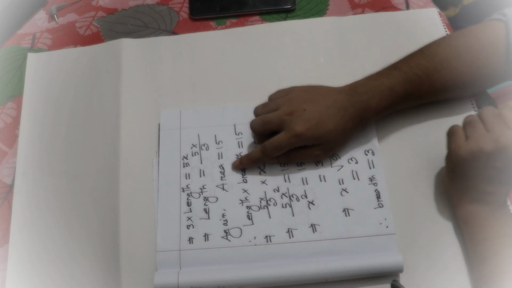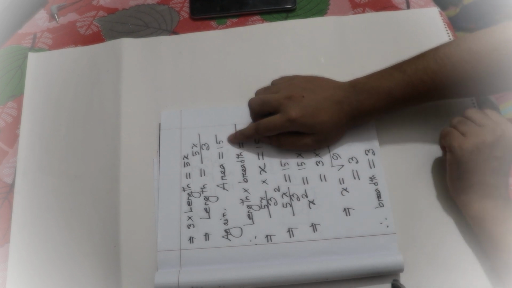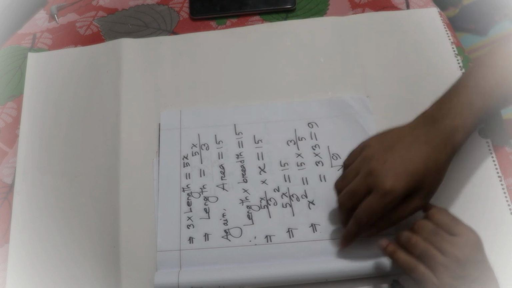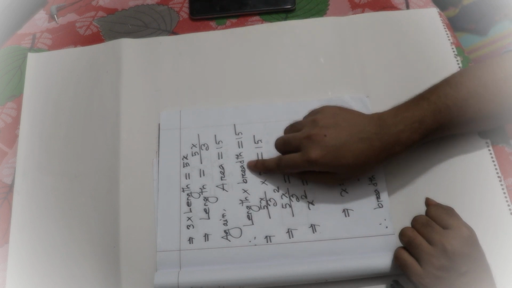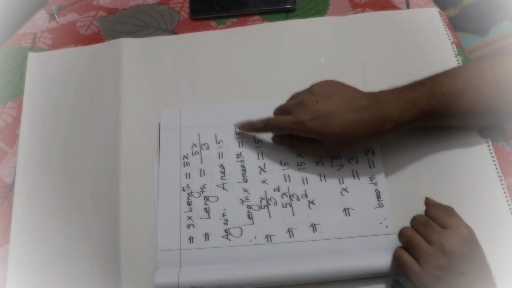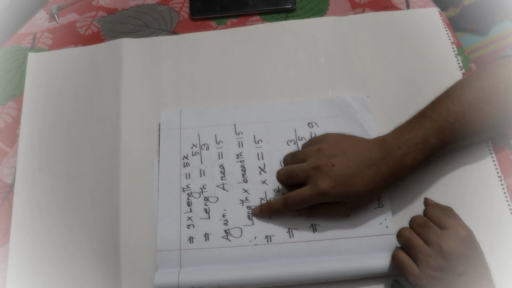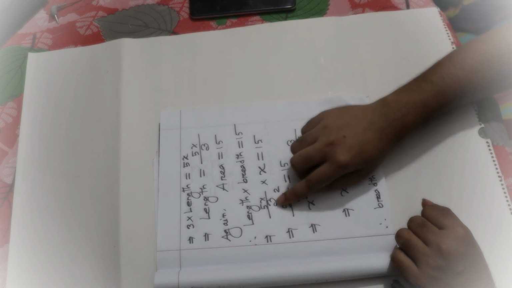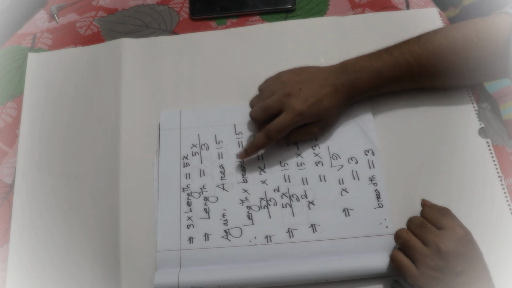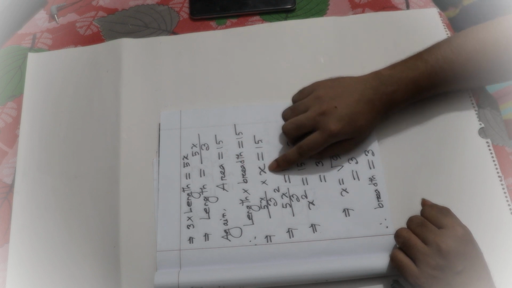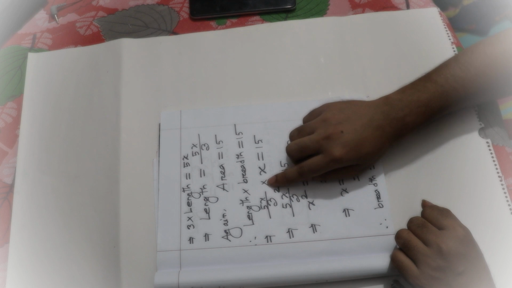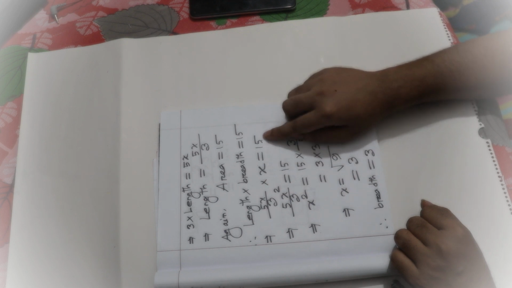Again, the area is given as 15 square units, and we know length multiplied by breadth equals 15. 15 is the area. So the value of length is 5x by 3, and I consider breadth is x. So 5x by 3 multiplied by x equals 15.